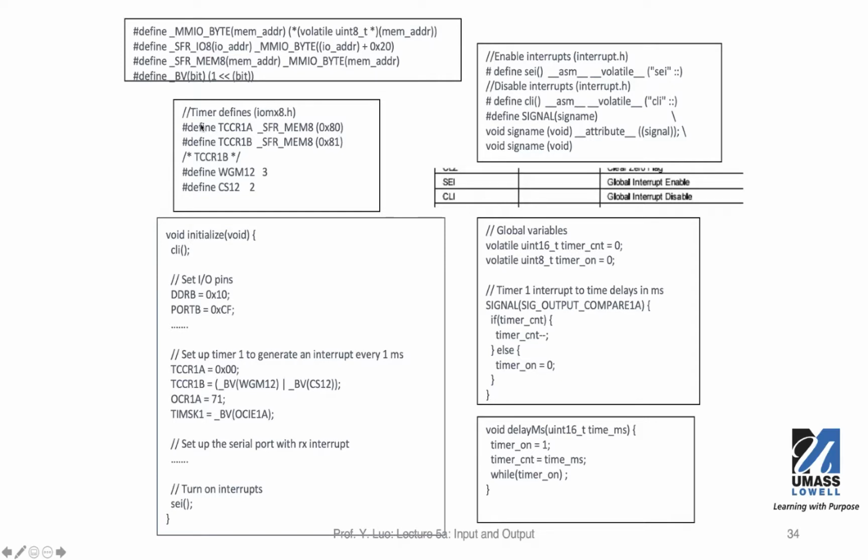Okay. Now if we go further on the chain, _SFR_MEM8 is defined here. It will take one argument as the memory address, and this is in fact _MMIO_BYTE, byte wide data, and that's the memory address.